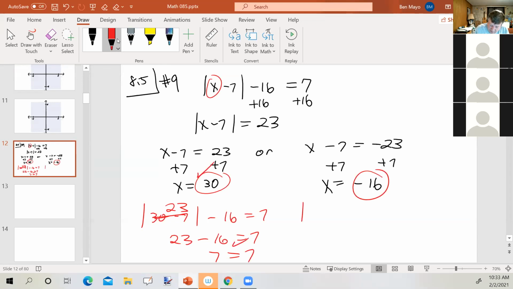We would have the absolute value of negative 16 minus 7, and then minus 16 equals 7. Negative 16 minus 7 is negative 23. The absolute value of negative 23 is 23. So again, we get 7 equals 7. So our two answers, x is 30, x is negative 16. Any questions on that before we go on?